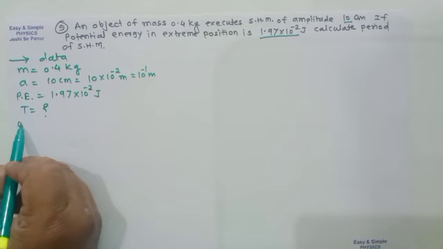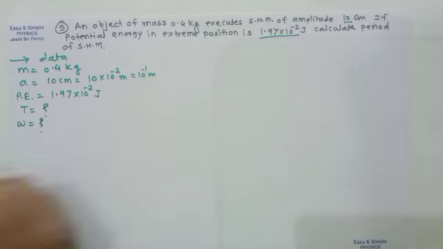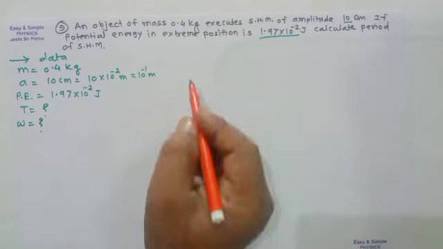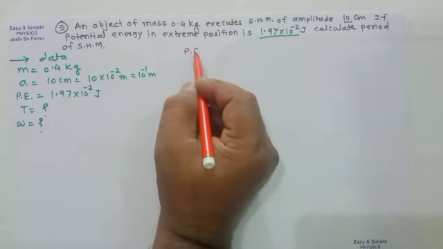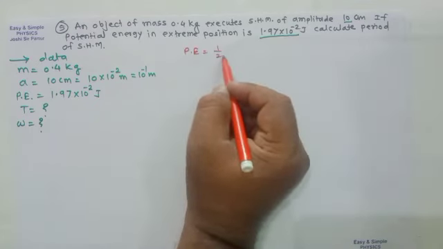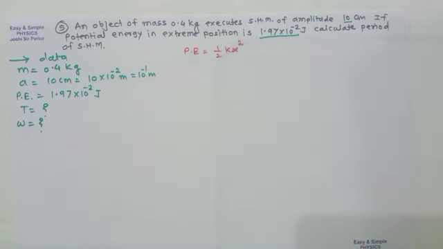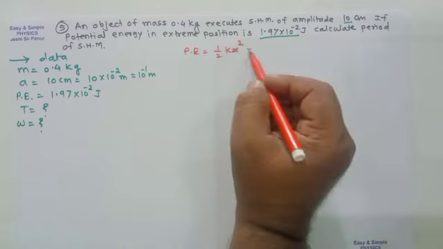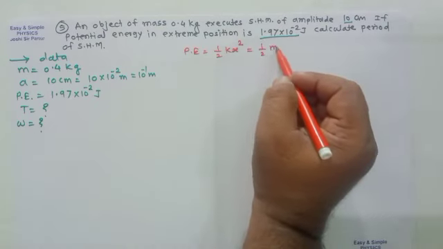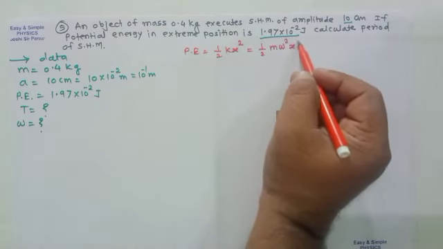For finding time period, first we find omega. Potential energy is equal to half kx square for a particle performing linear S.H.M, which is also written as half m omega square x square.